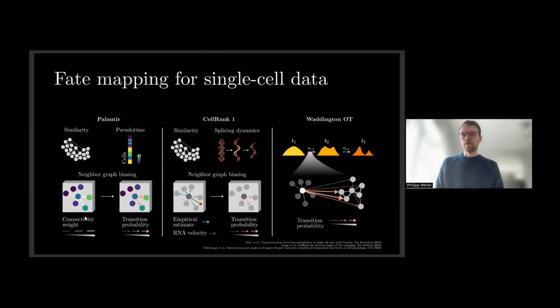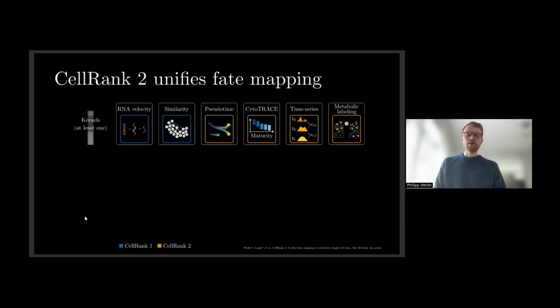And with experimental improvements, you can nowadays also have more complex data sets which have temporal information, and there you can use concepts of optimal transport. The problem of these methods was always that they are limited to a single view, and thereby you can't really generalize. And whenever experimentalists or someone else comes up with a new view, a new data type, you always had to go back to the drawing board and construct a new method to infer cellular fate.